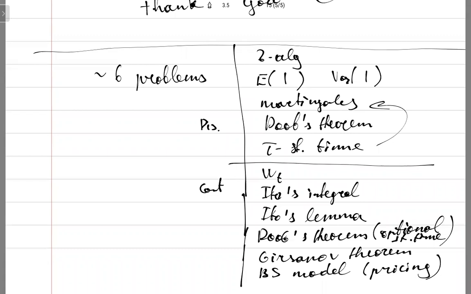I have one more question. Can you please state what exactly Doob's theorem is? We applied it in our homework, but maybe it can be extended. So what is Doob's theorem? It's the optional stopping time theorem.